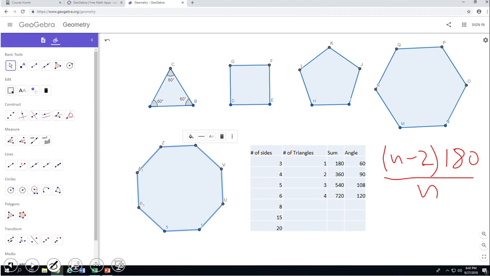The last thing I want you to think about in this video clip is the exterior angle of a polygon, of a regular polygon, in fact. Now, very important.